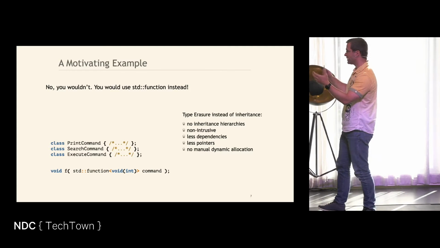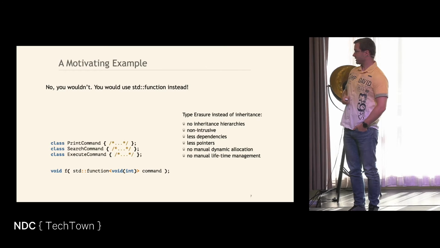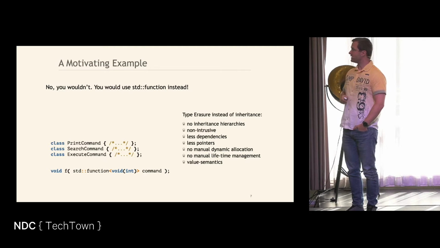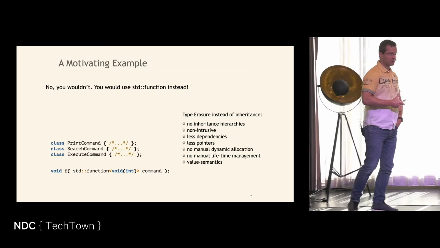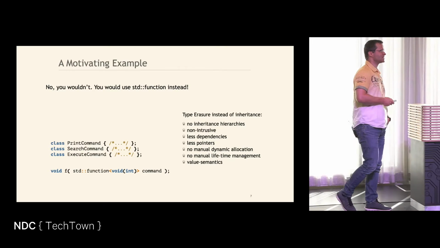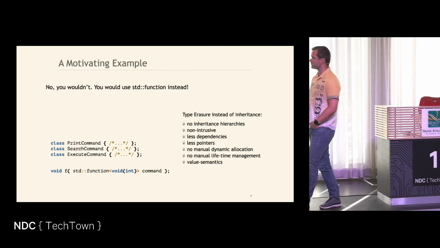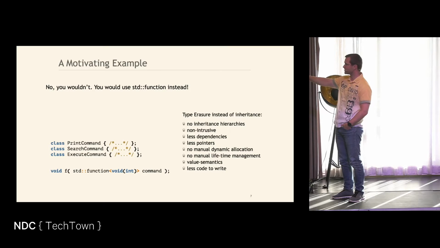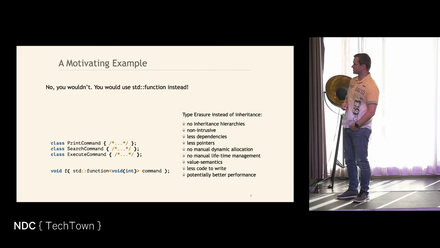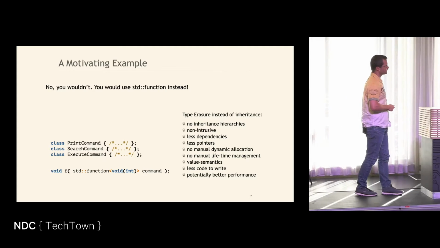You don't have to do a make_unique or something like that. You don't have to manage lifetime. And it's a purely value-semantics-based implementation, which is a huge part of what modern C++ represents. Altogether, you have less code to write, and there's a potential for better performance also. So in other words, it's just much cleaner code.